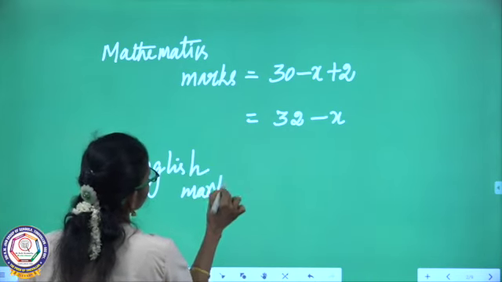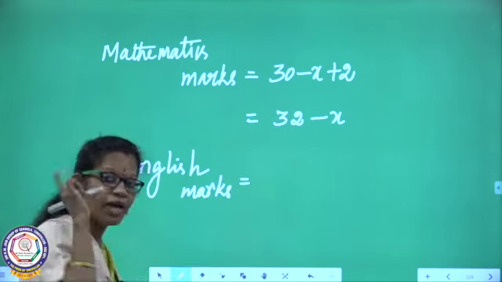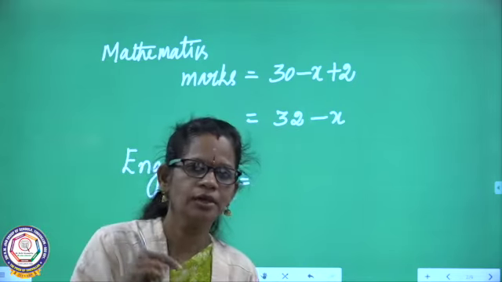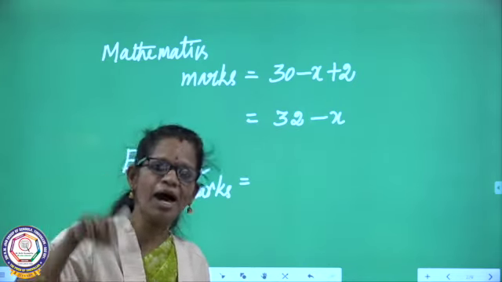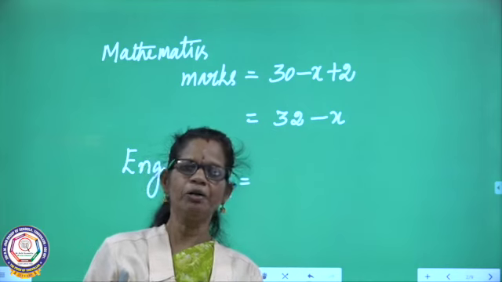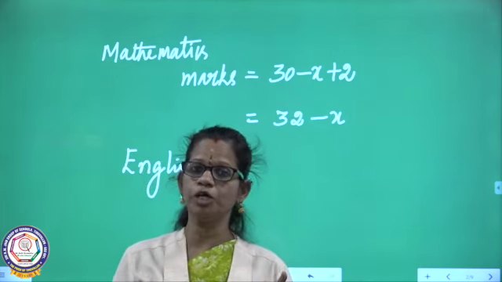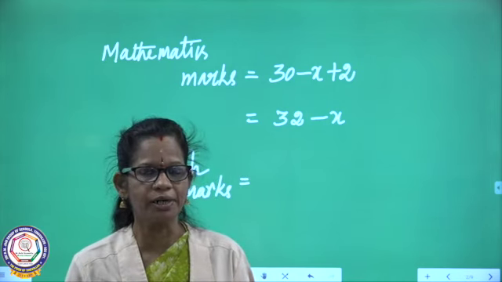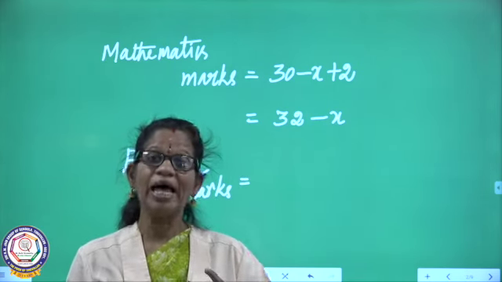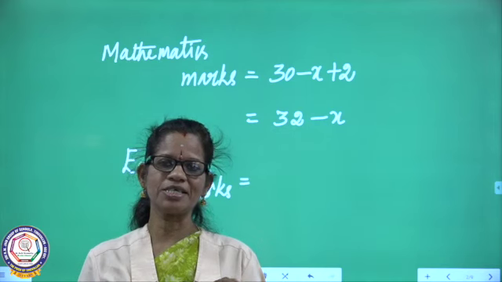What is the English mark? English marks equal to what we assumed? Very good, x. They said 3 marks less. For example, 10 marks is your mark, 10 out of 10. If I say I am going to reduce 2 marks, what is your mark at present? Reduce, less, that represents subtraction.